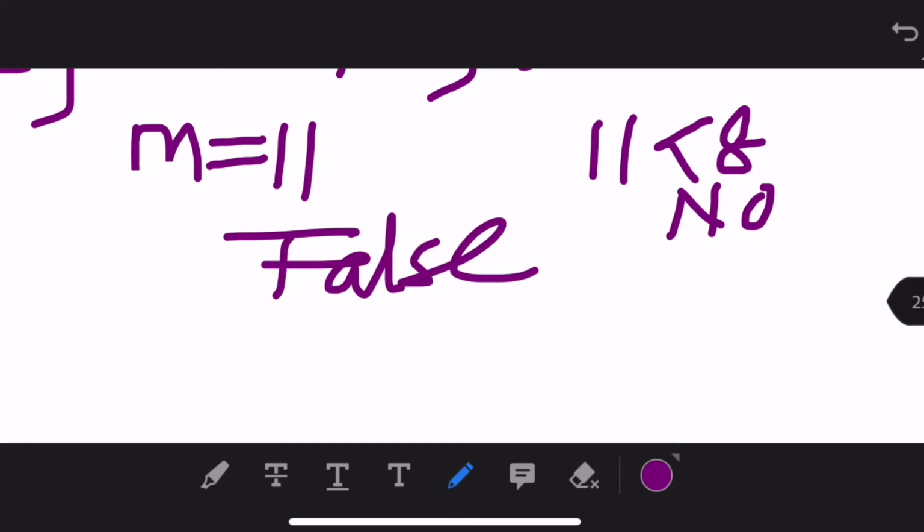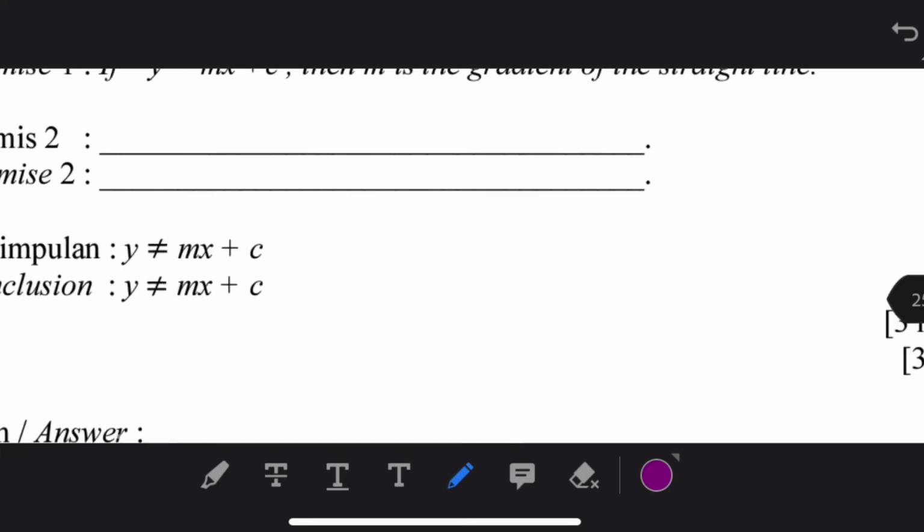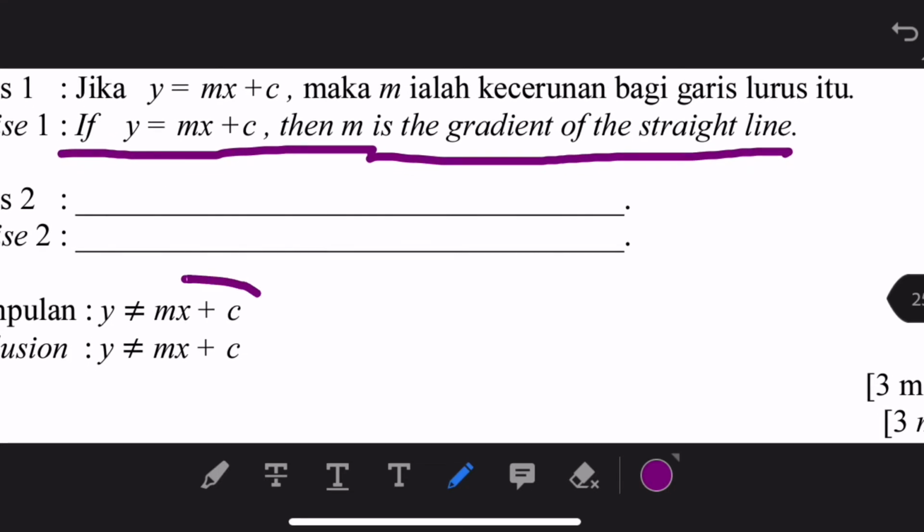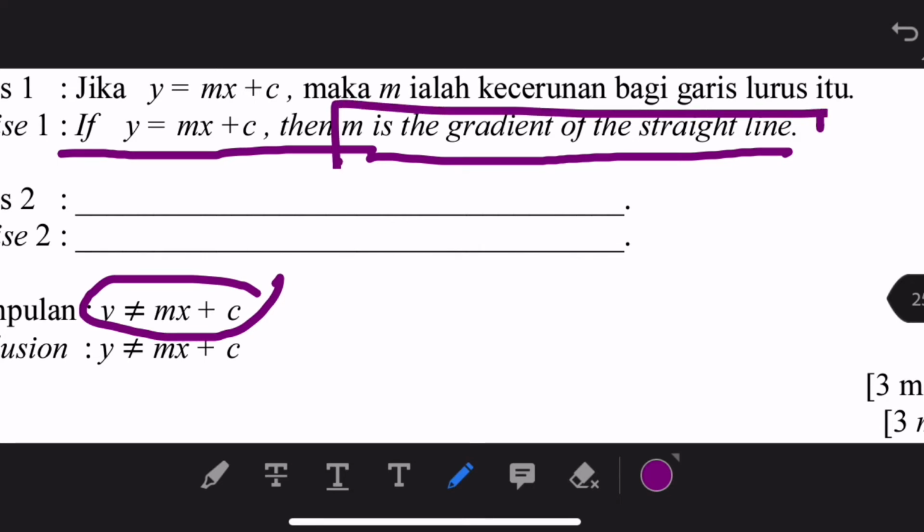The converse is false. Then for this one, if y equals mx plus c, then m is the gradient of the straight line. The conclusion is y not equal to mx plus c, so we'll copy down this one.